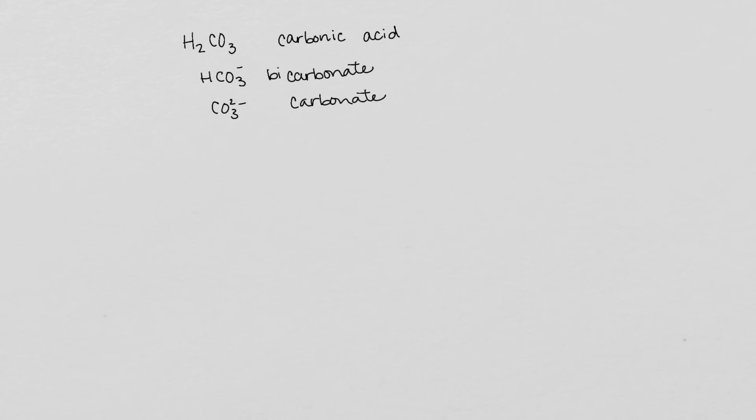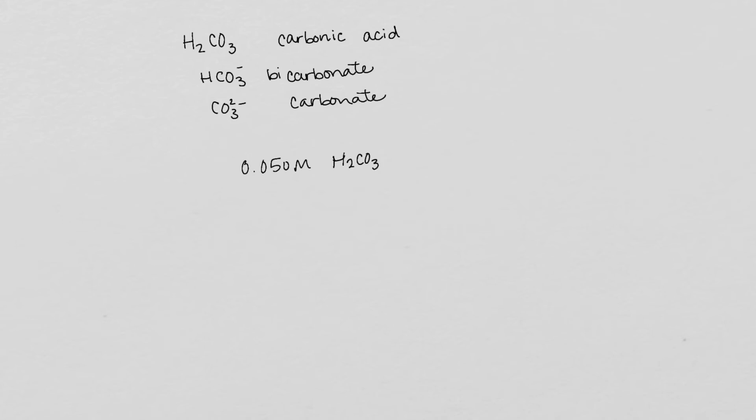If you're having trouble remembering this, the bicarbonate can go both ways. So that might help. So here we have our pH of this solution. We have a 0.050 molar solution of carbonic acid.